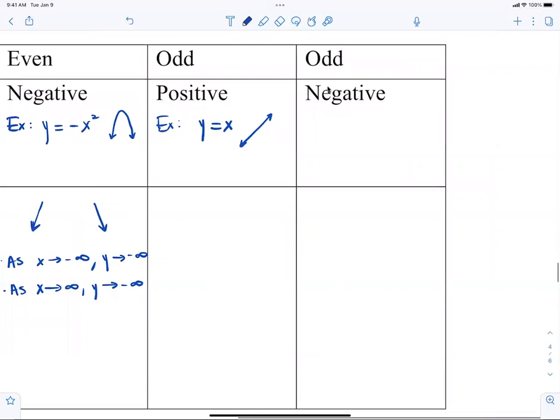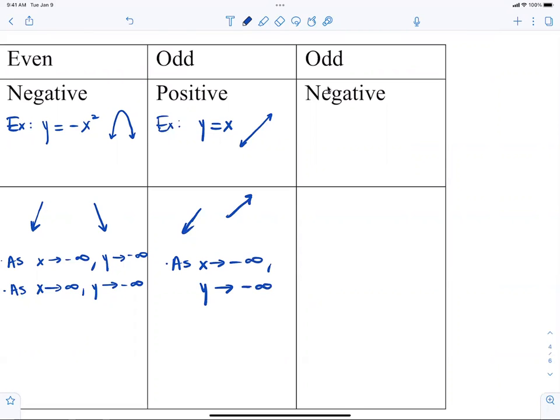Okay. So an odd degree polynomial with a positive leading coefficient will have the same end behavior as a line with a positive slope. So we could say as x approaches negative infinity, y would approach negative infinity, right?